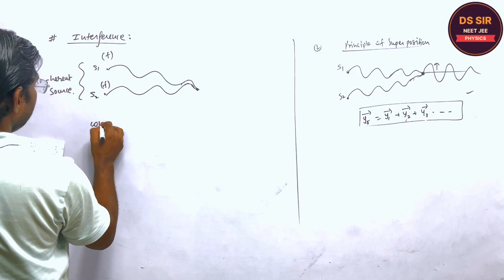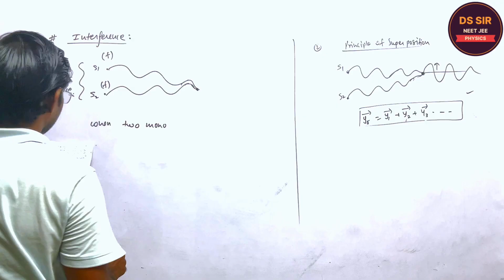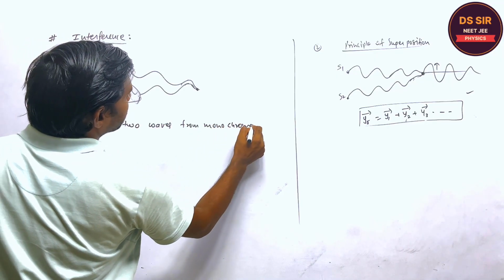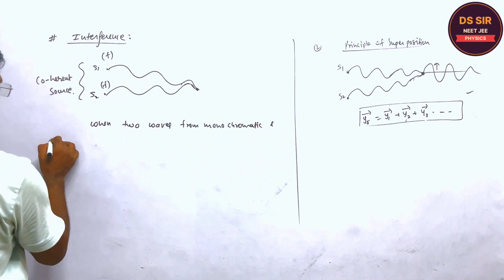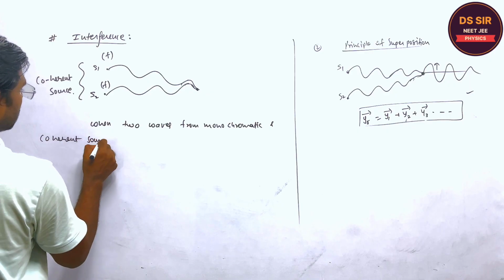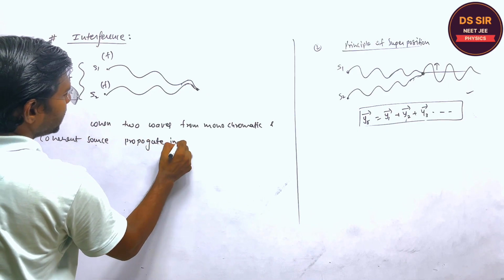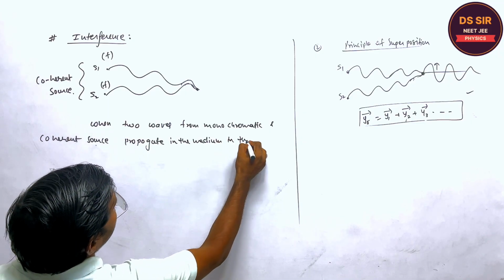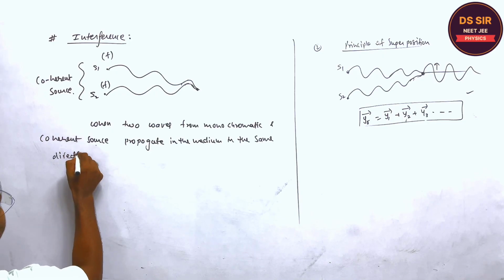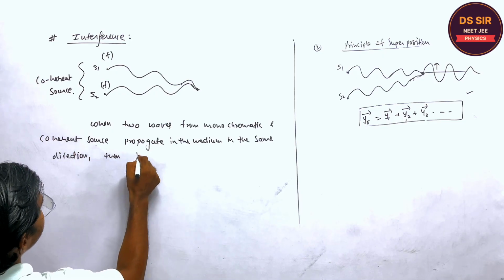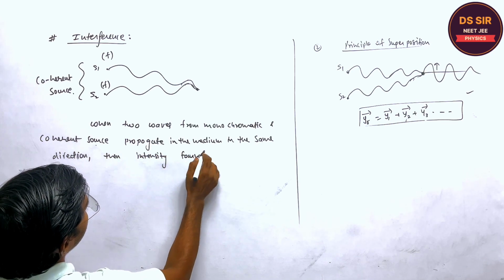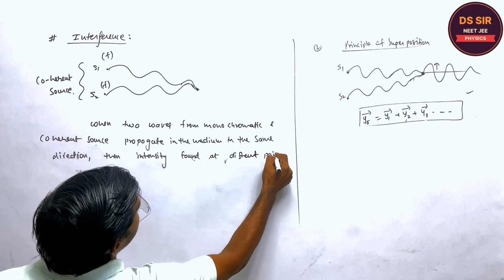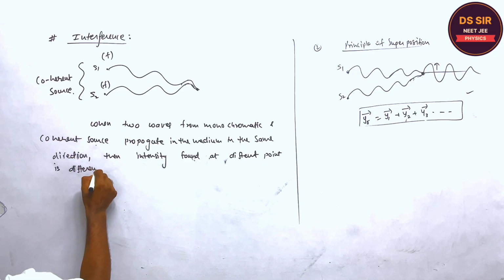I am writing: when two waves from monochromatic, meaning same frequency, and coherent sources propagate in the medium in the same direction, then the intensity found at different points is different in magnitude.